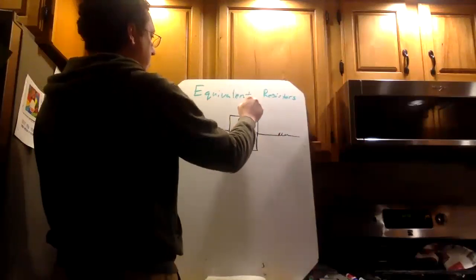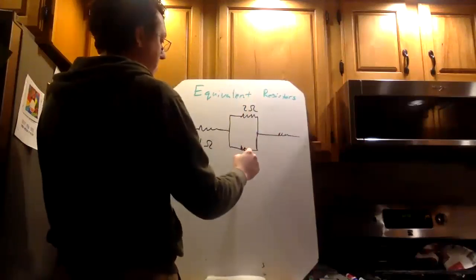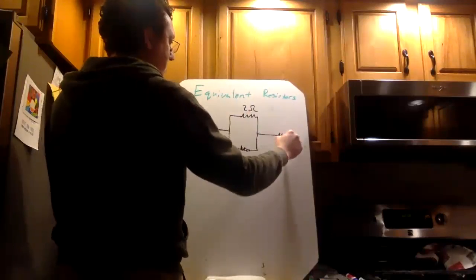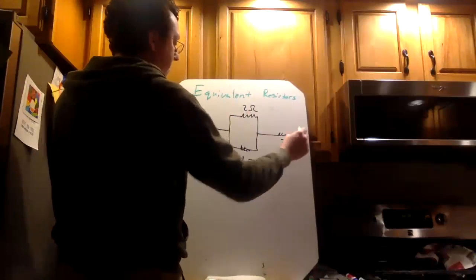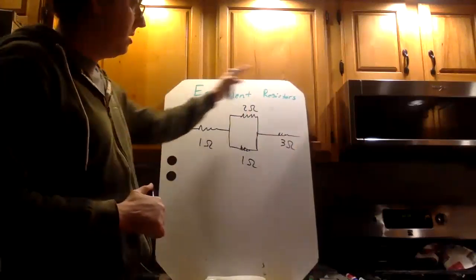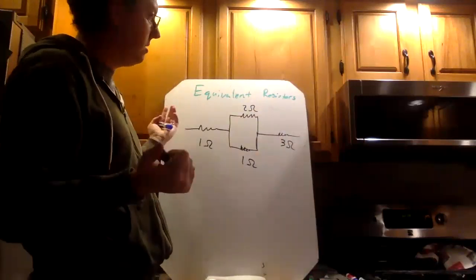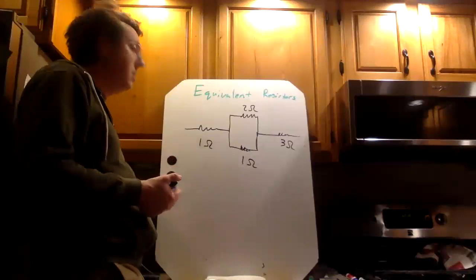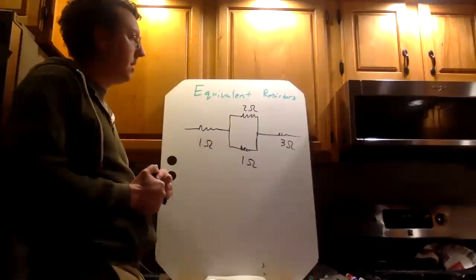I'll say this is 2 ohms. I'll say this is, let's say this is 1 ohm. And we'll say this is 3 ohms. How would you do this? In total, this whole thing is not in series or parallel.